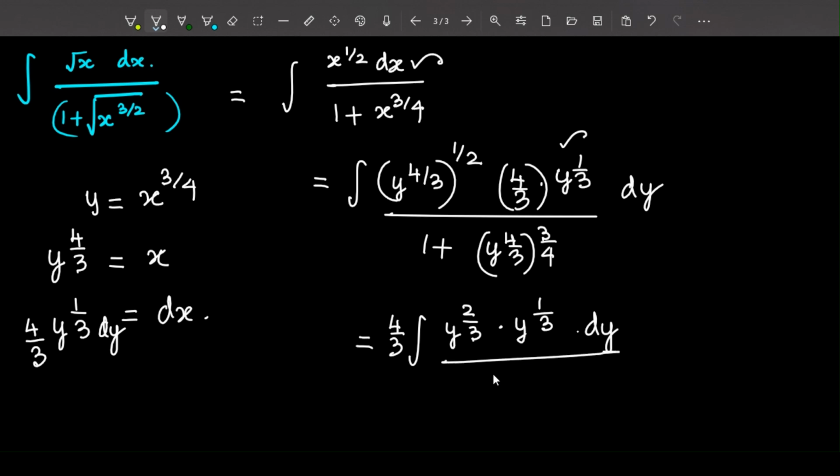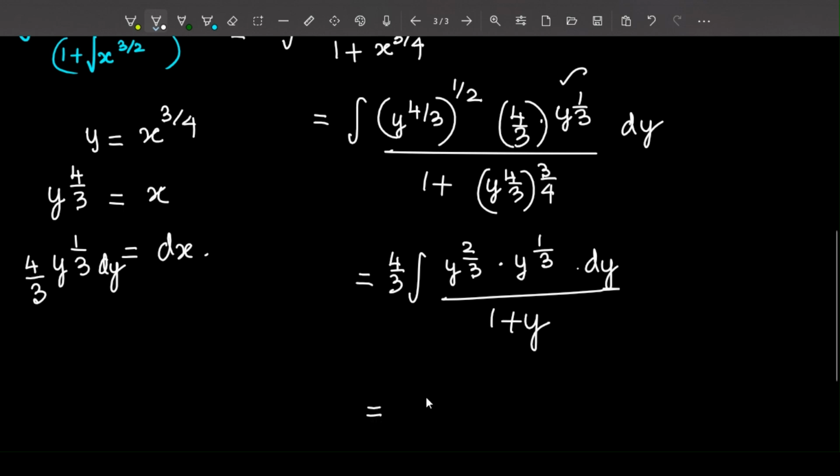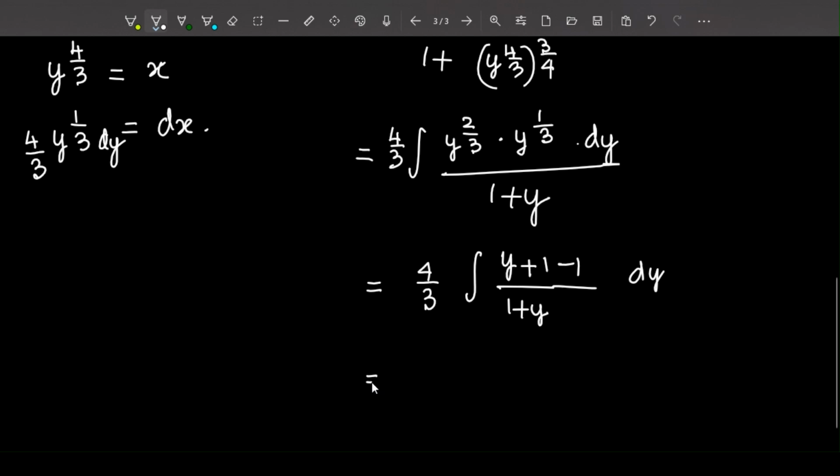So this becomes 4 by 3 into integration of y divided by 1 plus y. From here on, we can just add 1 and subtract 1, and this is equal to 4 by 3 integration of y plus 1 by 1 plus y, that is, 1 minus 1 divided by 1 plus y.